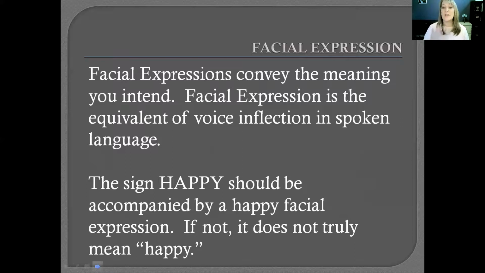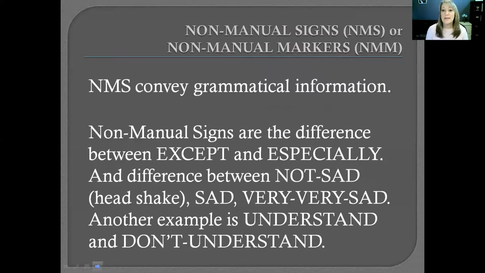Okay, so facial expression, so important in ASL, because it actually gives meaning to what you're saying. If I say, I'm happy, I'm being sarcastic, or there's a problem or something, right? If I say, oh, I'm so happy, I'm happy you're here, I will look happy if I mean happy. Okay, non-manual signs. You may see them also called non-manual markers.